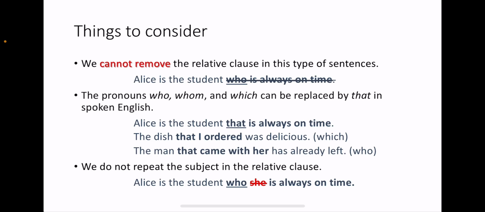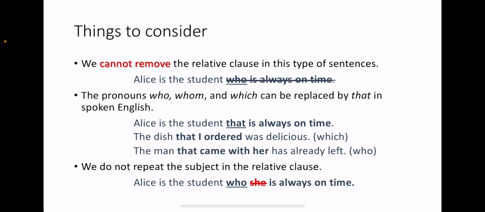But remember that who, that, when, where are pronouns, and pronouns are subjects. So you don't need to include a subject because the relative clause has a subject. The subject is who. The subject is where, which, when. So Alice is the student who, subject. If you put she, because you feel that you need a subject for Alice, you are repeating, and that's not necessary.